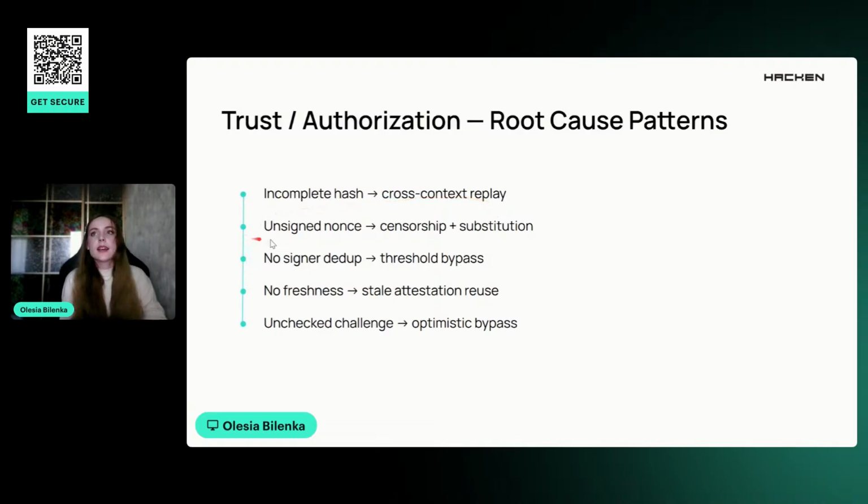Unsigned nonce led to the censorship and nonce forging problem. Missing deduplication of signers led to the threshold bypass in the multi-sig bridges. Missing freshness validation led to problems in the oracle-based bridges because stale attestations could be submitted. And unchecked challenge in the optimistic bridges allowed fraudulent messages to go through.